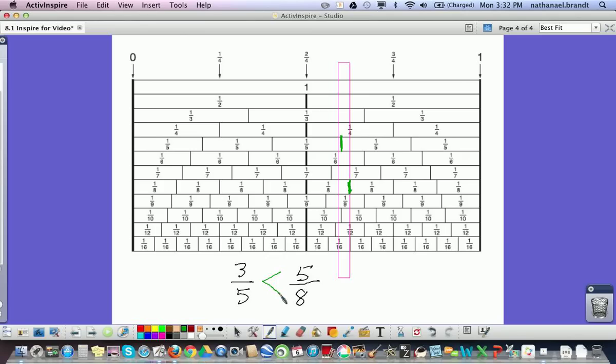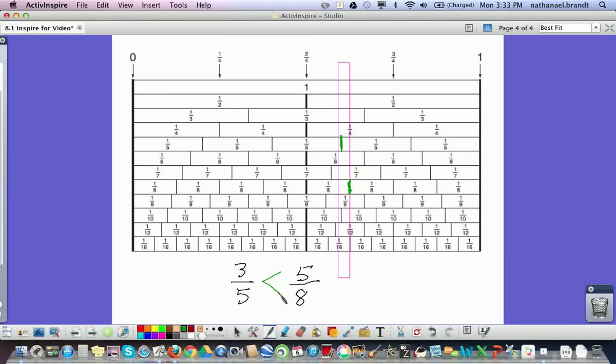If neither the numerators nor the denominators are the same, one thing you can do is compare to your benchmark fractions, 0, 1/2, or 1, or you can use the fraction stick chart that I just showed you. And then the last part: if it's one fractional part away from the whole amount, the bigger the denominator, the bigger the fraction.